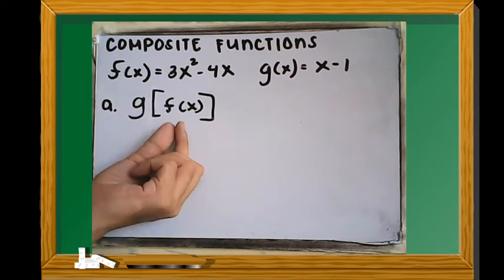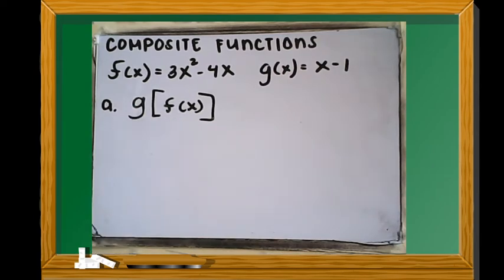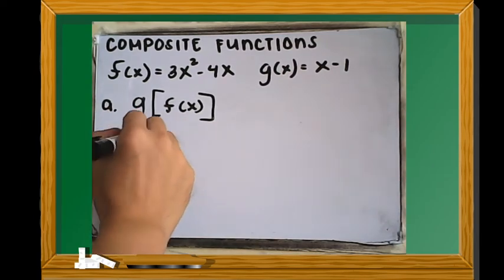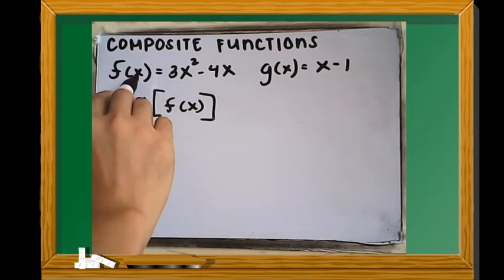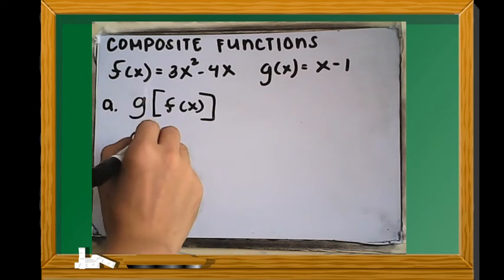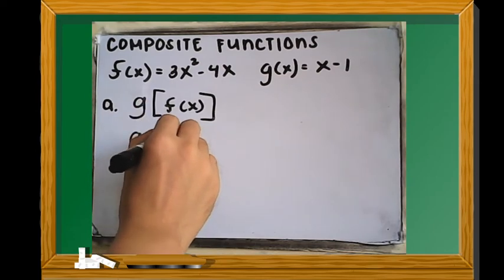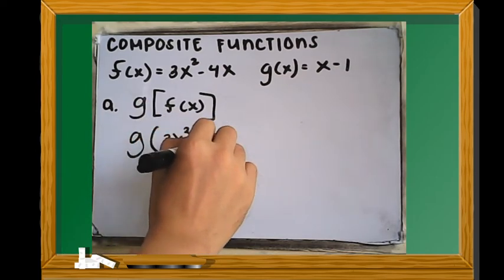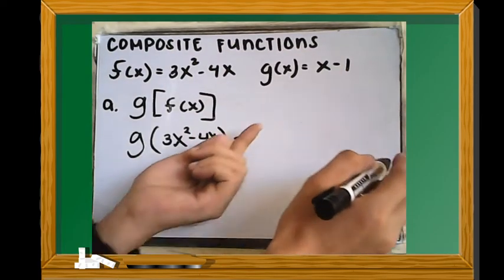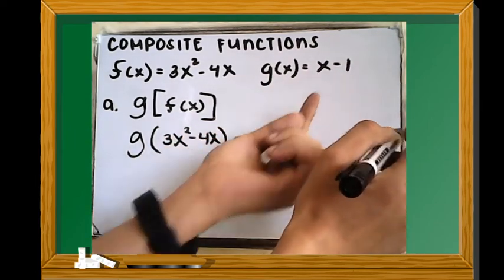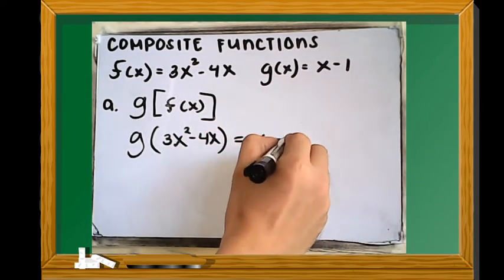So kung ano yung pinaka nasa loob, ayun ang unahin natin. So let's start with f of x. So yung f of x, gagawin na natin, ito yung value niya o yung equivalent. 3x squared minus 4x. So, pinalitan na natin siya. Then, let's just copy the value of g of x, which is x minus 1.